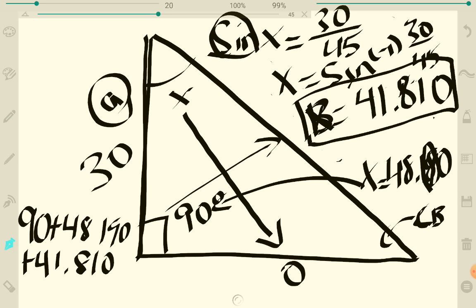And I'm going to type that in real quick. And I get exactly 180. So that is a shorter way to do it.